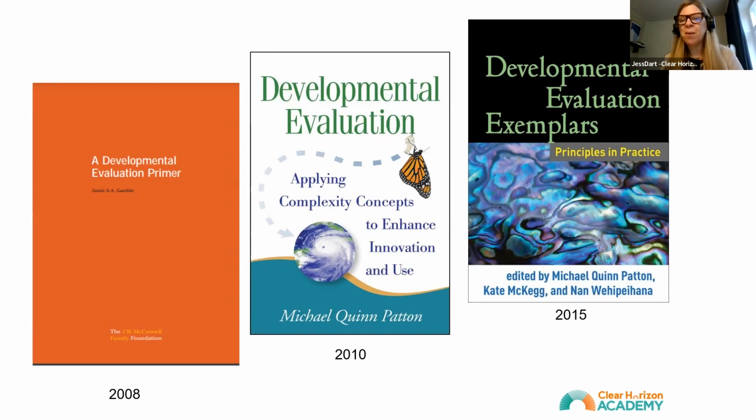And then the 3rd book was by Michael Patton and Kate McKegg, which is the Exemplars, a very good book because it has case studies in it. So it came from the work of Jamie Gamble, Michael Patton, Kate McKegg, and it's evolved over time. And it's really designed to meet complex context and to work together with social innovation.